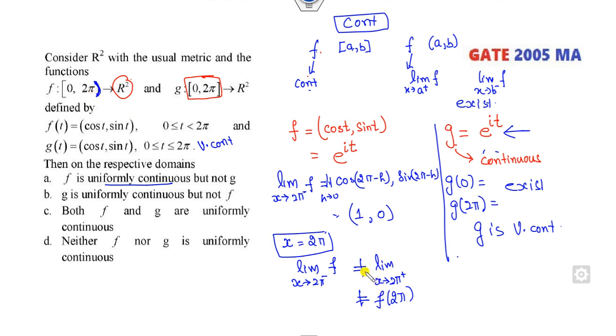So this f is not uniformly continuous. This is cancelled, this is cancelled, this is cancelled. The right option is B. Simply you can write the answer here.